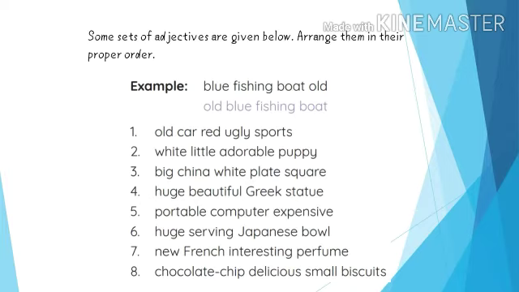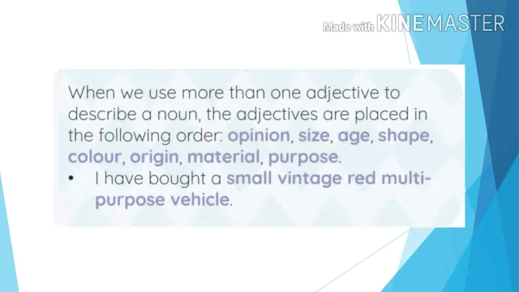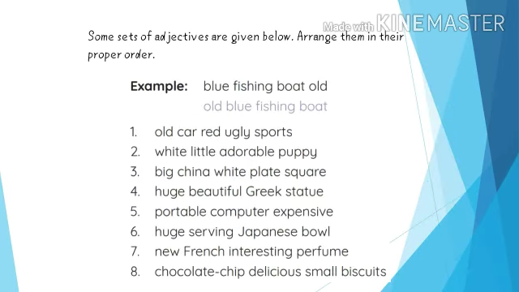We have eight options given, we cannot call them sentences. There are different adjectives, so you need to arrange them appropriately like this. The first one, maybe I'll do it for you: old, car, red, ugly, sports.